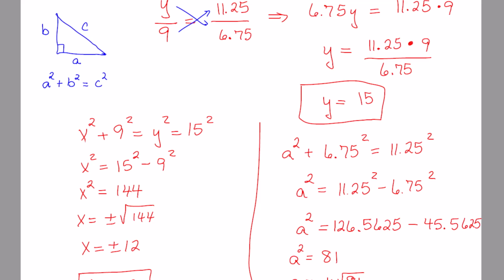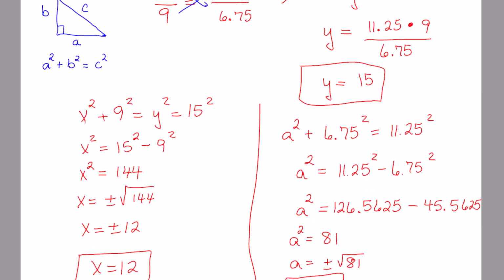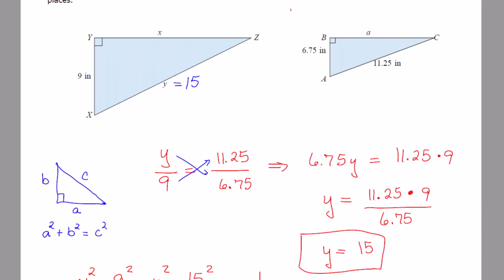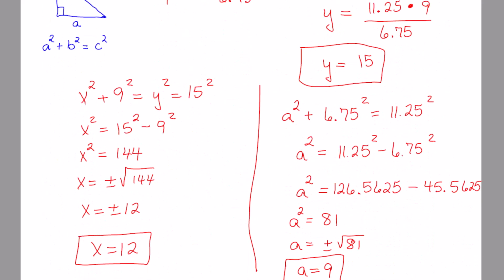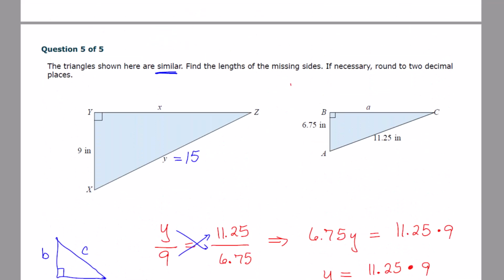But since this is an application problem, the minus has no meaning in this particular case, and so I get x is 12. Are we missing anything? All right, so x, what was x? 12. Okay, let me put that in. X is 12.